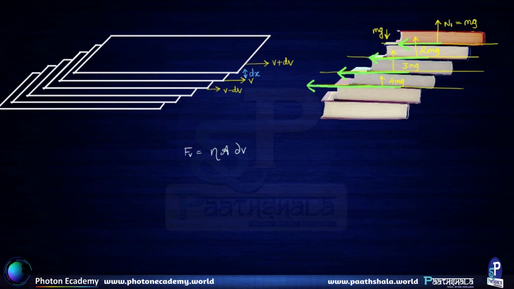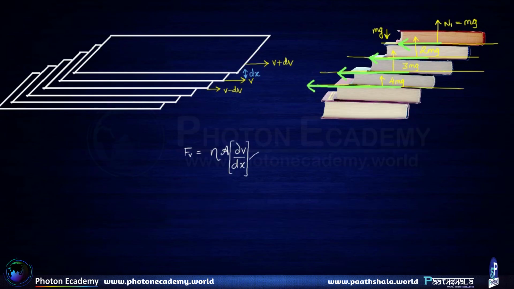So this is the area of contact between the two layers, times dV by dx. dV by dx, this quantity is known to be the velocity gradient.